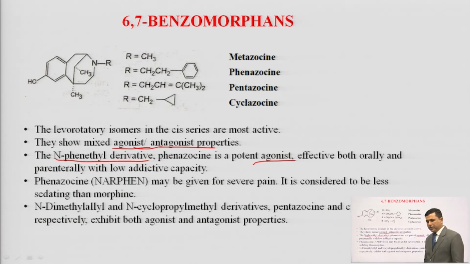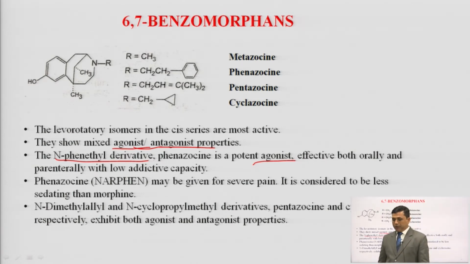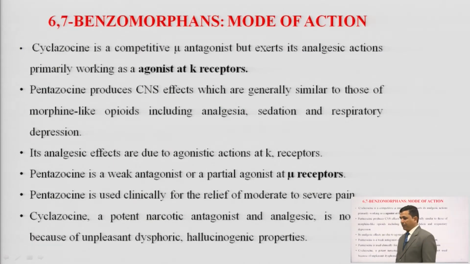Dimethyl allyl and cyclopropyl methyl derivatives like pentazocine and cyclazocine exhibit both agonist and antagonist properties. This agonist and antagonist action occurs on different types of opioid receptors, either the mu receptor, the delta receptors, or the kappa receptors. By combining with these receptors, it exerts an analgesic action.